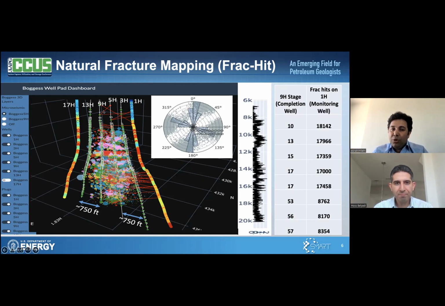So these are basically zones. The 9H and 1H have around 2,250 feet of distance, right? Every well has a 750 feet distance. So that would be the distance from 9H to 1H, where we'll see some impact on stage 10, 13, 15, 17, twice, 53, 56, and 57.